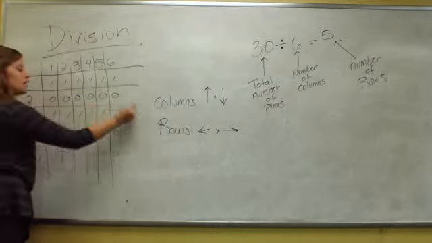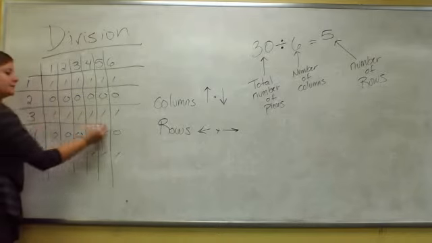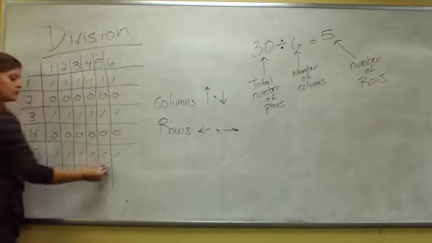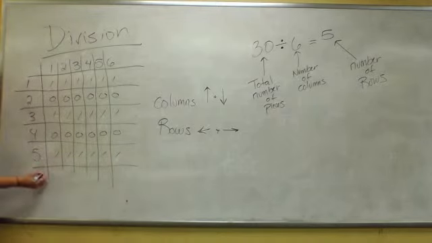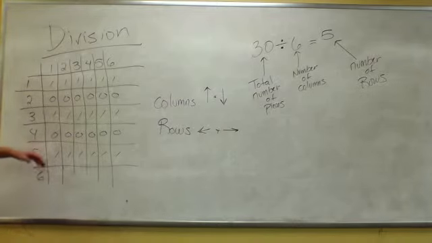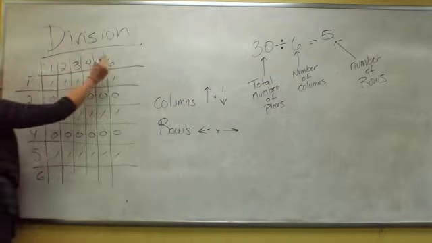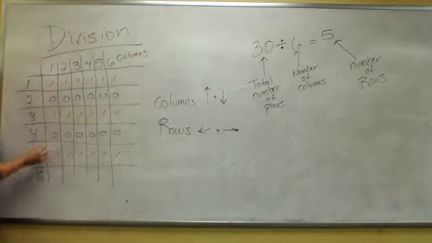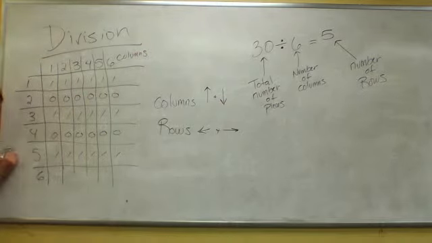So do you think I could make a chart and then fill it in and find out where I end up? Absolutely. Because I could keep going. I could make a 6 down here, but I don't have anything in there. I have no candy in my 6th row. So you can't eat any of it. Alright? But I say I have 6 columns and 5 rows.